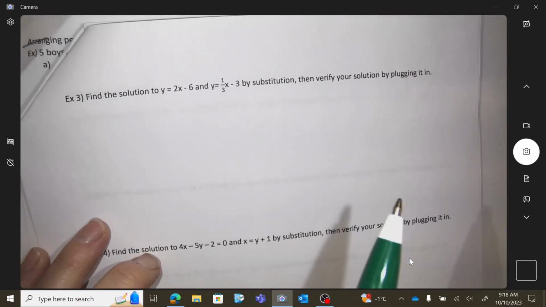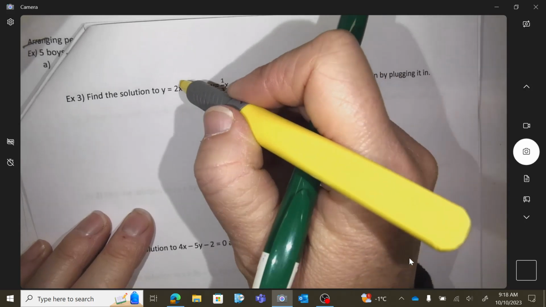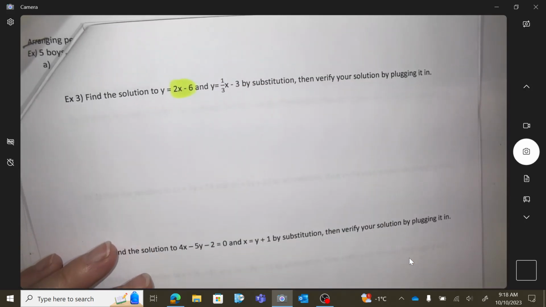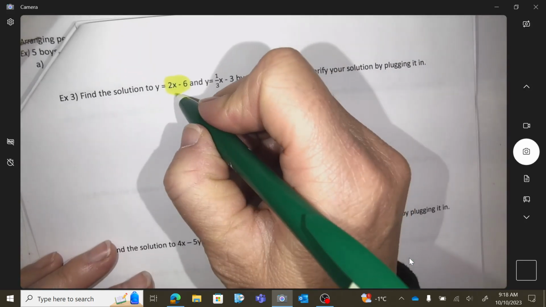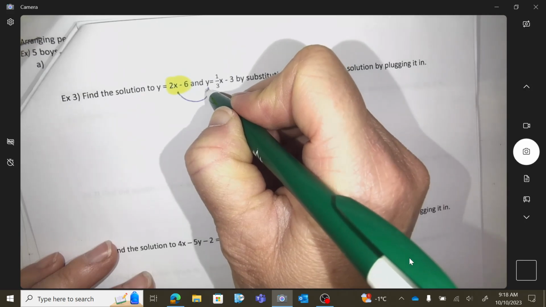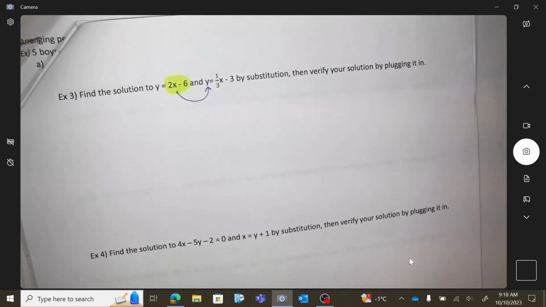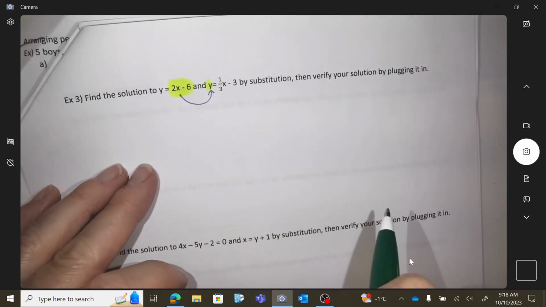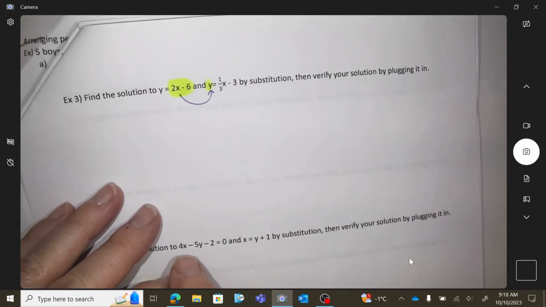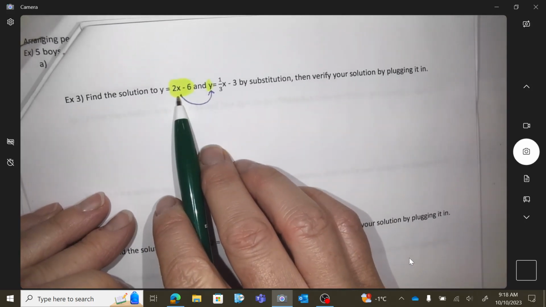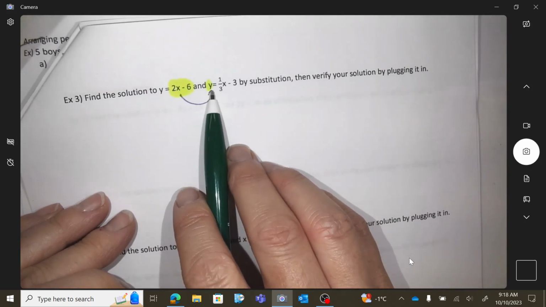Y equals this. So what I'm going to do is take what it's equal to, its equal partner, and go into the other equation and make a replacement. Okay, so y equals this expression, so I'm going to take that expression and replace it.